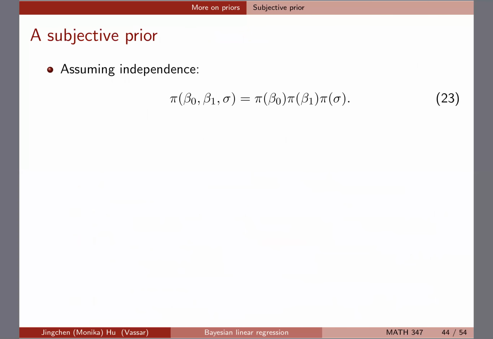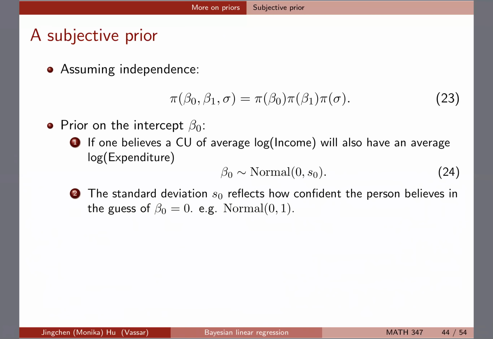So for the subjective prior, we're going to start easy and simple. We assume independence across all of the parameters, as we did before for our weakly informative prior. For the intercept beta 0, if one believes a CU of average log income will also have an average log expenditure, then we can use a normal prior for beta 0 centered at 0, because average goes to average.